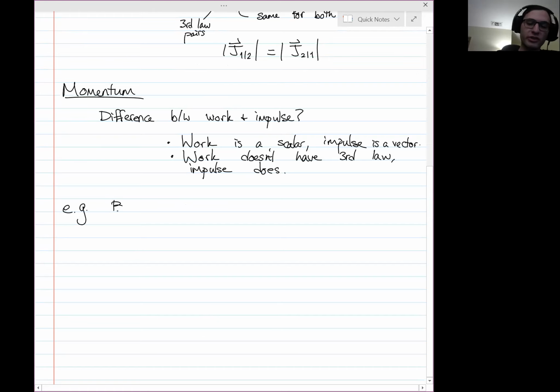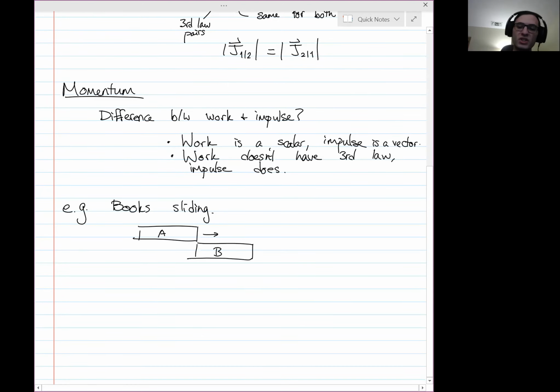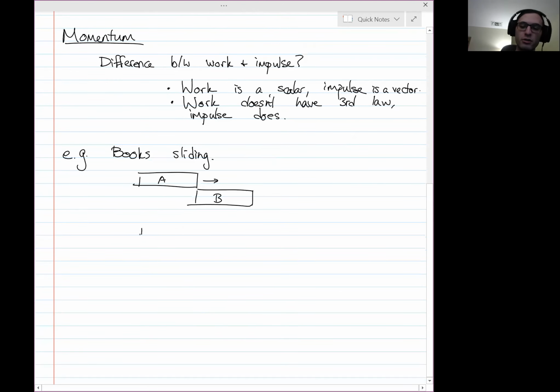Let's talk about books sliding. Remember that example where we had one book sliding on top of another book? So we have A sliding on top of B. Let's draw a free body diagram for A. There's a frictional force being applied to the bottom of it.